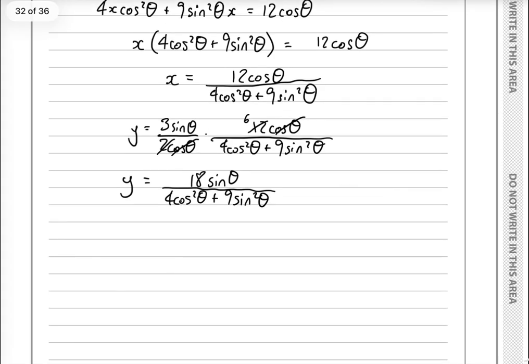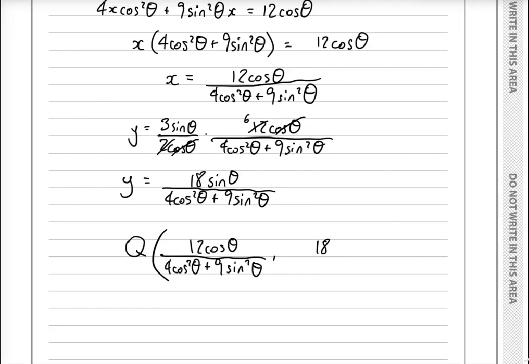So the coordinates of, I think it was Q, are 12 cos theta over 4 cos squared theta plus 9 sine squared theta, and 18 sine theta over the same thing.